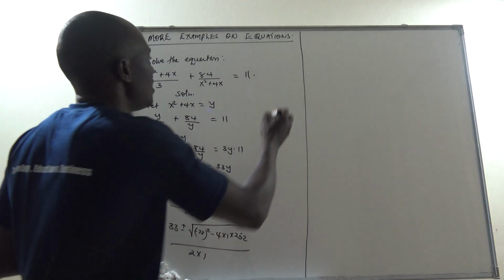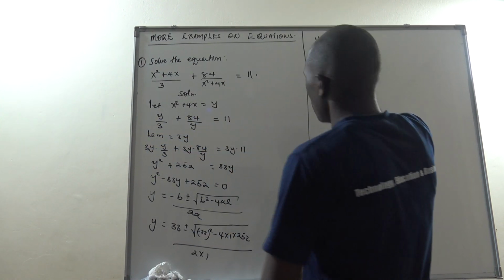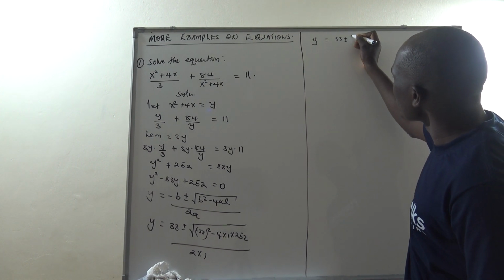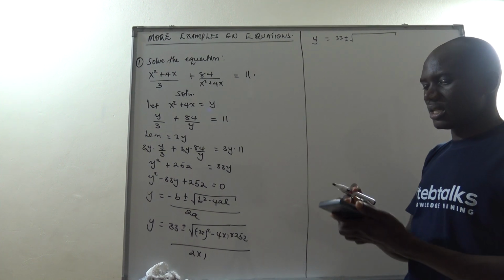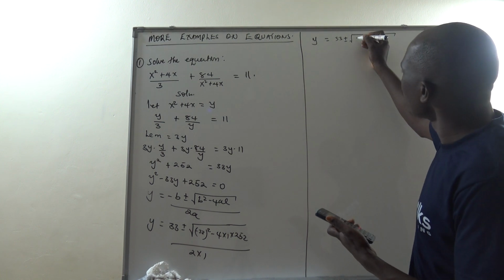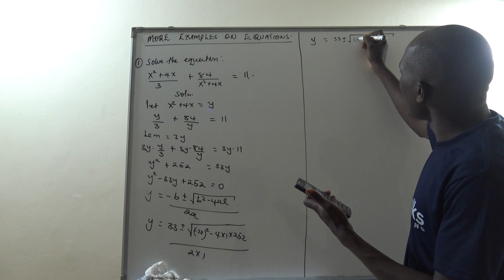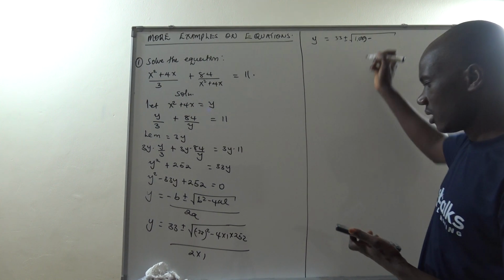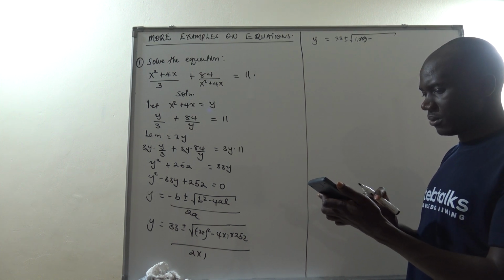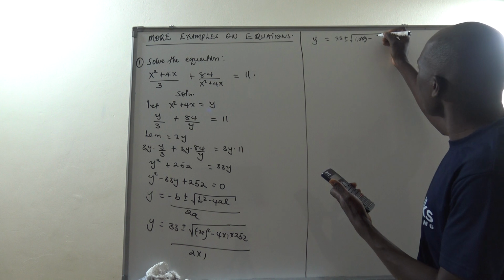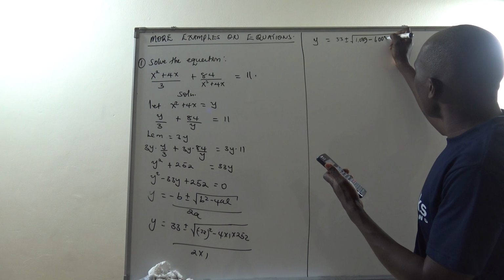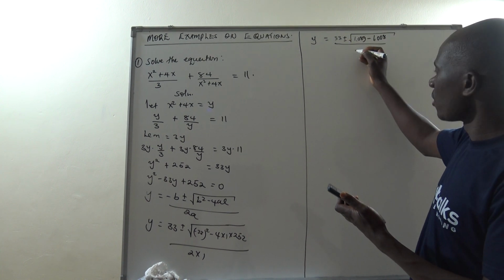So can we go ahead? We are getting y equals 33 plus or minus root of, can we square 33? 33 squared is 1089, minus 4 times 252, which is 1008, all over 2.